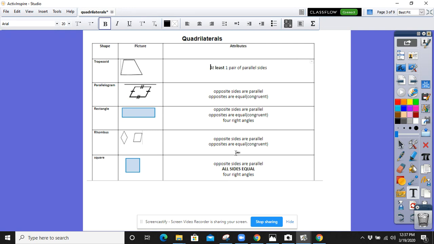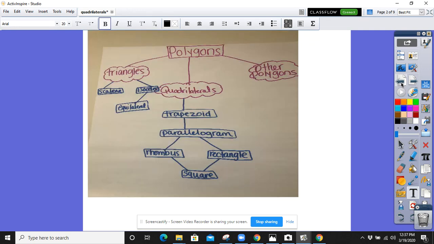So then this page here, again, you may want to pause and take a picture or copy this down. Here are the kinds of quadrilaterals, and I'm going to be shifting from this screen to this screen. So notice that you've got trapezoid, and trapezoid has an interesting characteristic of its own.